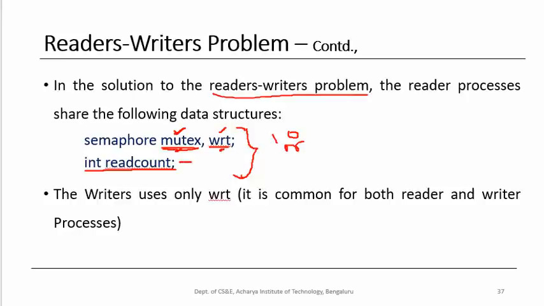At any given point of time, if the value in this variable is, for example, 10, it means that there are 10 concurrent readers accessing the database for reading purposes only. So you have to keep this in mind. As I have told you, writers use only WRT, not the mutex or the shared variable read count. Now with this understanding, let us proceed and see the solution for the readers and writers problem.